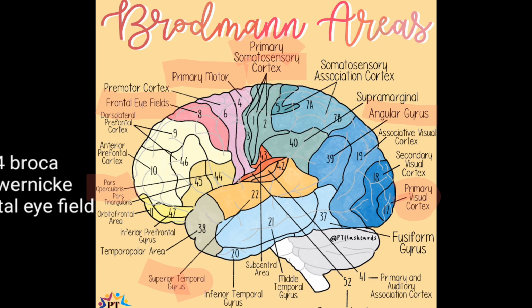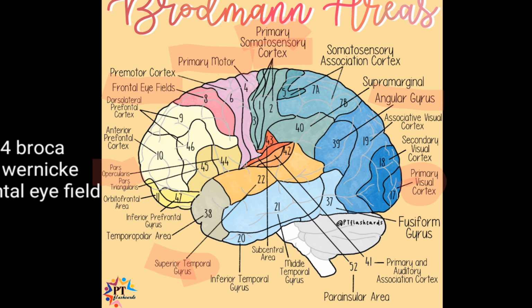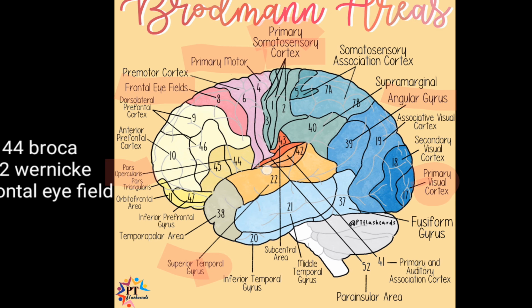Another are 37, 39, 40, which are left, included in the body sensation areas. Then primary auditory was 41, and secondary auditory is 22 and 42. These are all extra. If you don't want to remember, then leave it. Remember only what we first discussed.